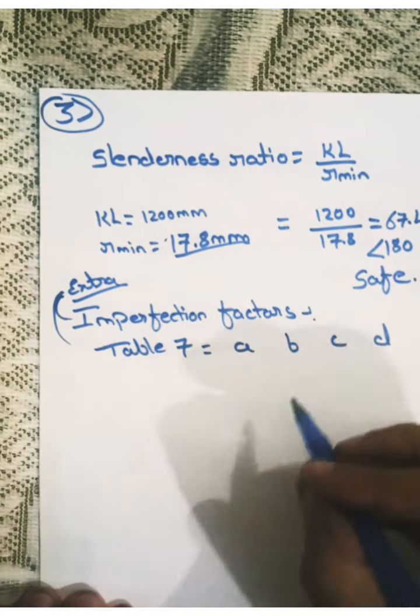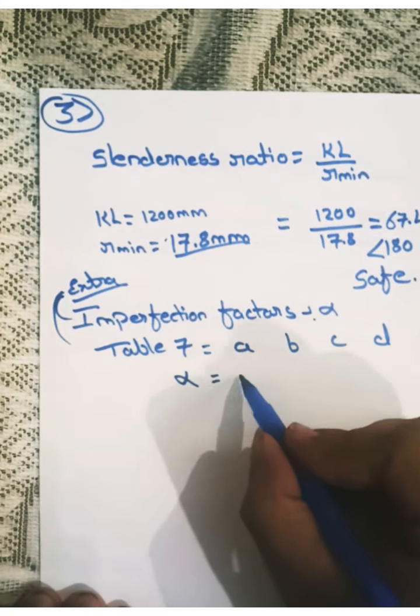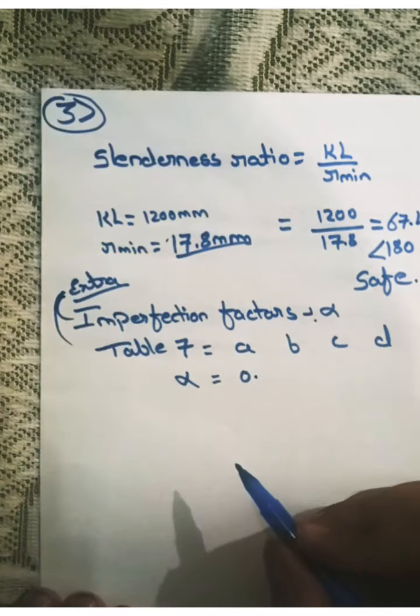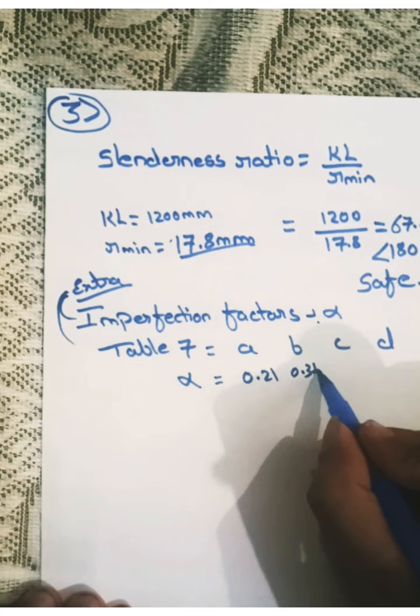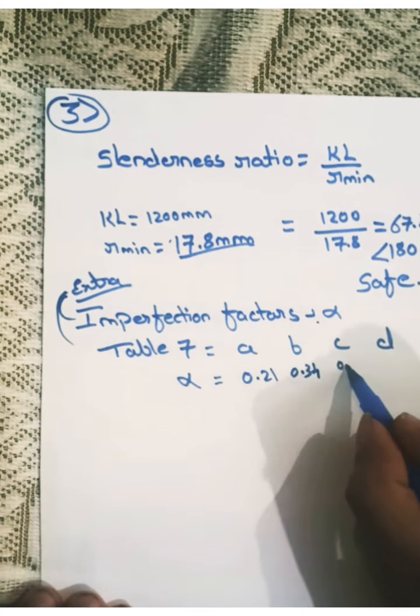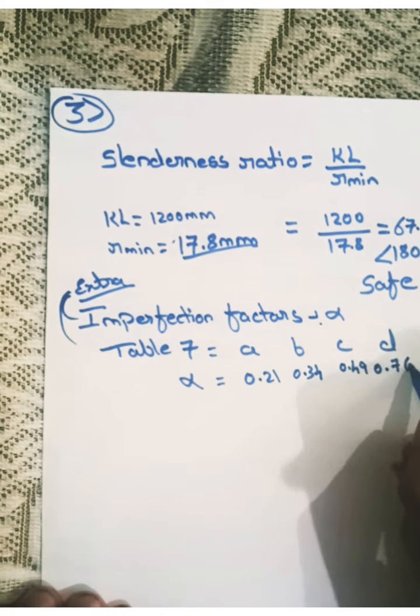Its values, the value of alpha, are 0.21, 0.34, 0.49 and 0.76.